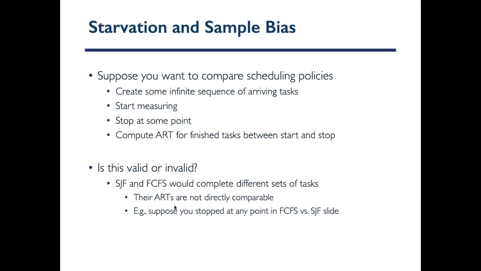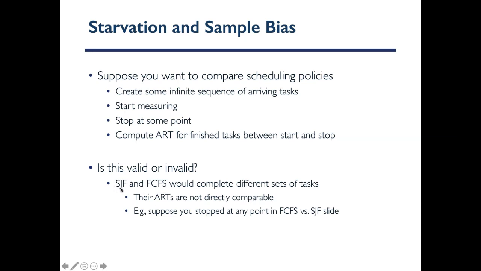The reason is, as long as you're basing your measurements on a fixed start time and a fixed stop time, the set of tasks that each scheduling policy serves could be different. One example: let's say you're comparing SJF and FCFS.